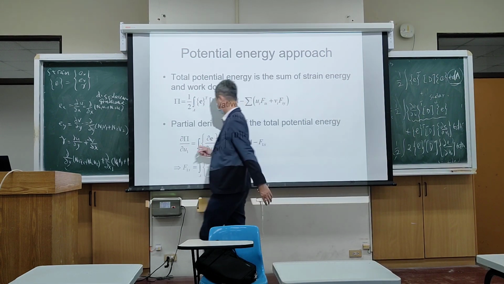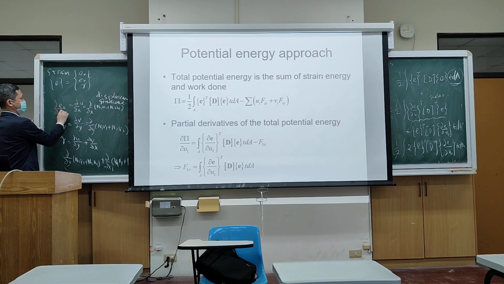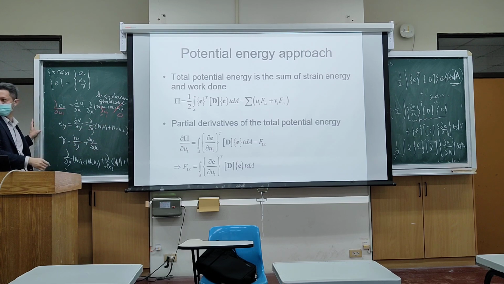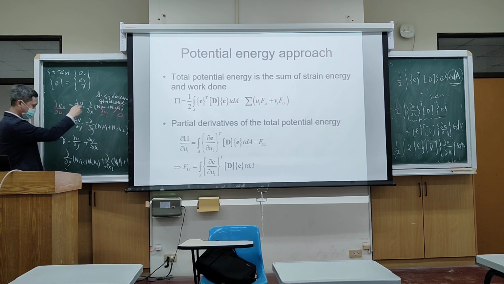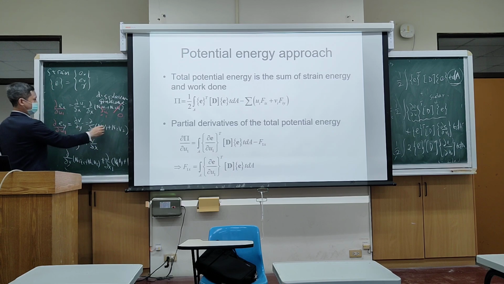What is this del e del u1? Del e del u1 means that this del u1 is equal to 1. This del u2 is 0. 这是微分的过程就这么搞定。然后这个呢，what is del ey del u1? Okay? They are all 0.